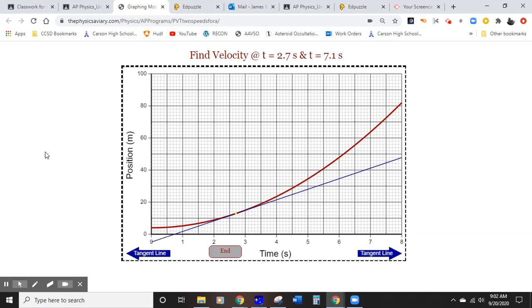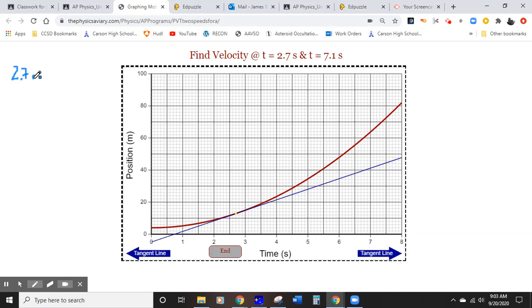We're trying to find 2 points here, and I'm going to use this point right here. Let me go over here and make a pin, a note to ourselves. We'll call this the 2.7 seconds.